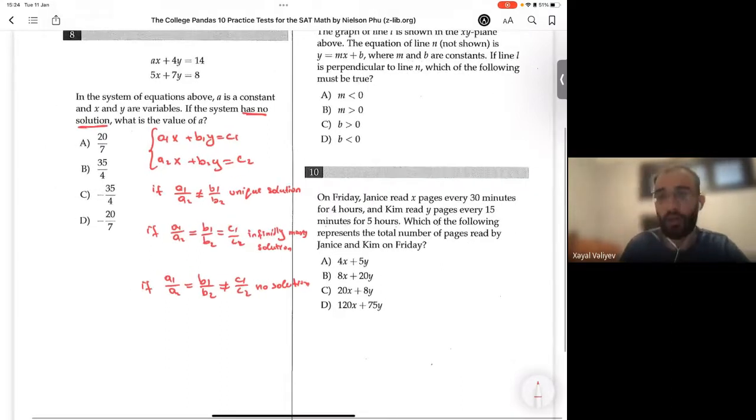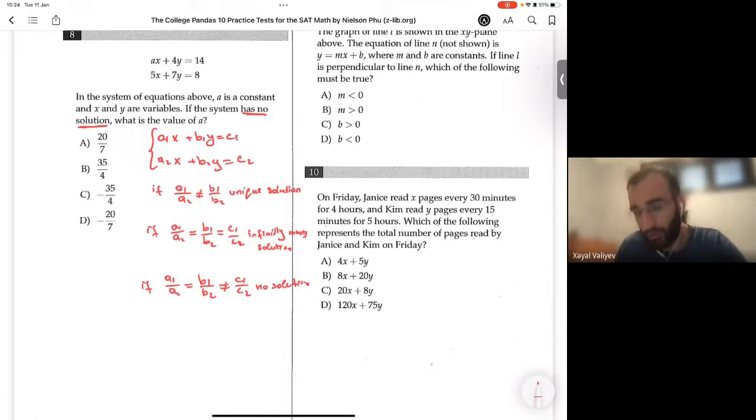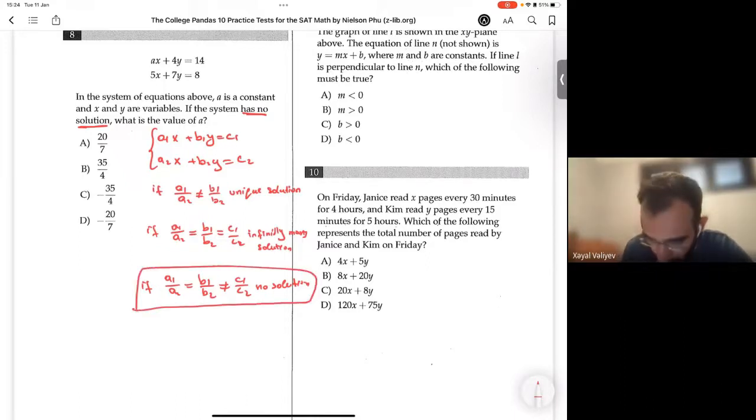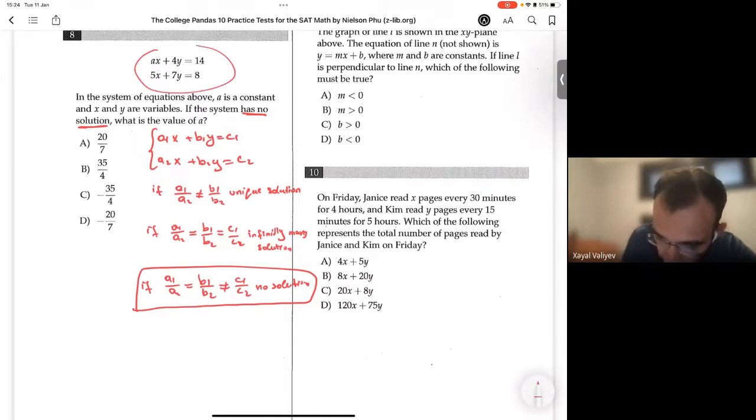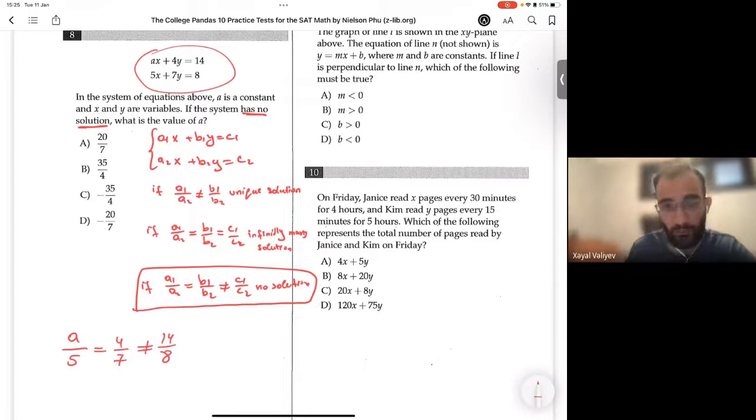If you don't know them, take a picture of this and write it down in your copybook. We've been over this, and you're supposed to know this. We basically need the third case. So for this simultaneous equation, I'm going to write the ratio as a over 5 equals 4 over 7 does not equal 14 over 8.